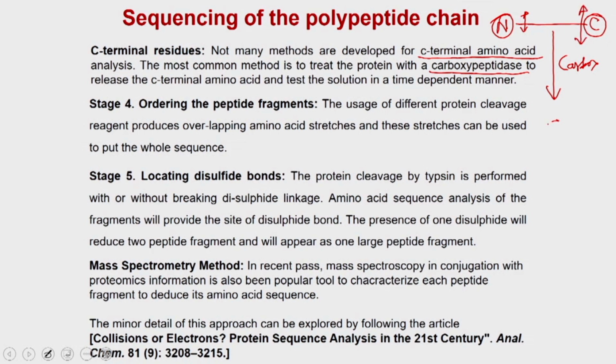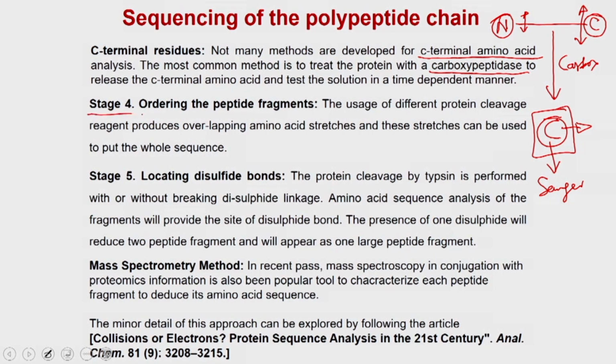Because of that, it is going to release the C terminal amino acid, and once this amino acid is released, you have the option to either use Sanger's method or another method to identify this amino acid, and that is the only way you can get the identity of the C terminal amino acids.